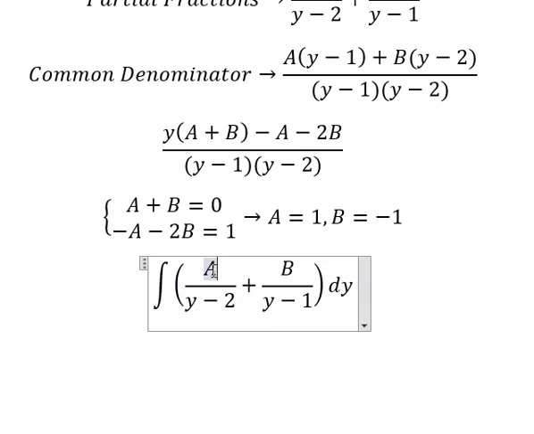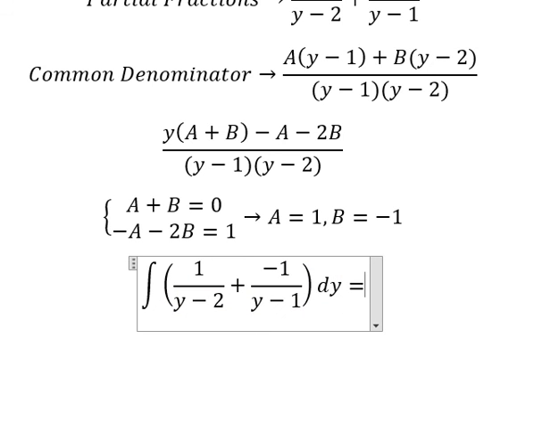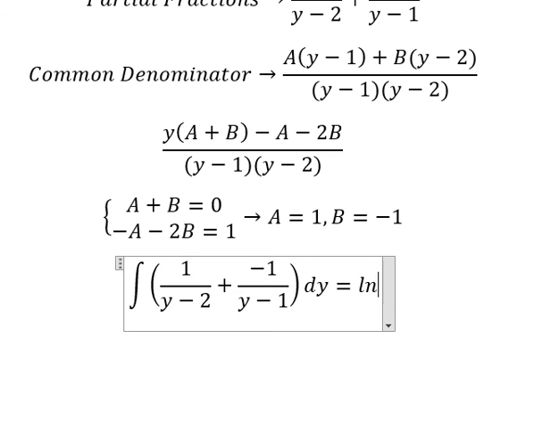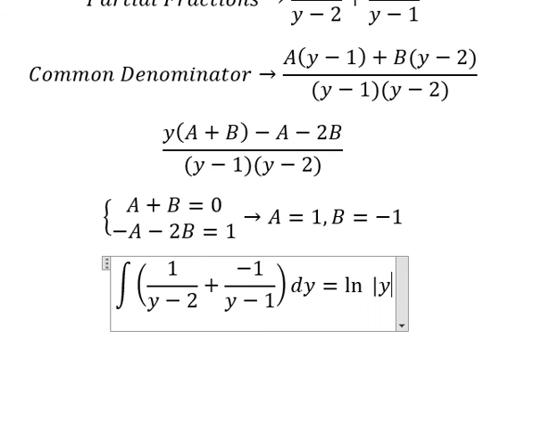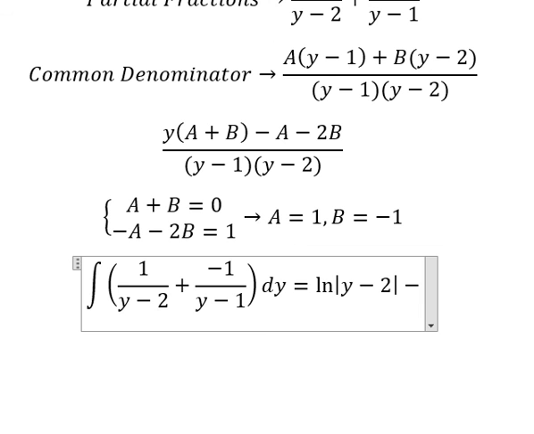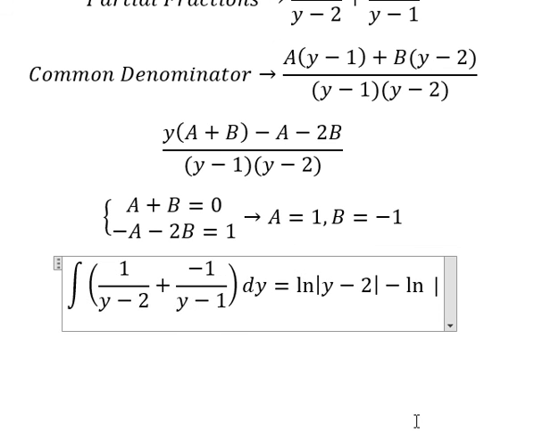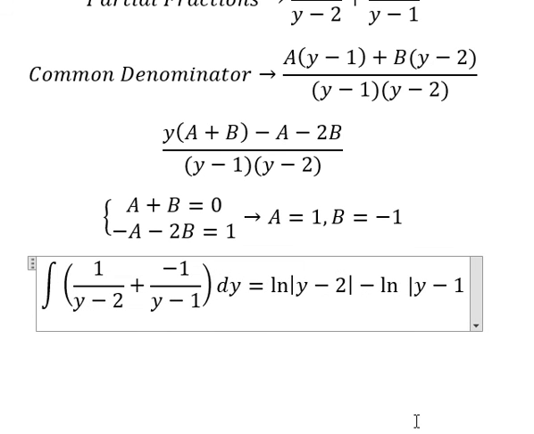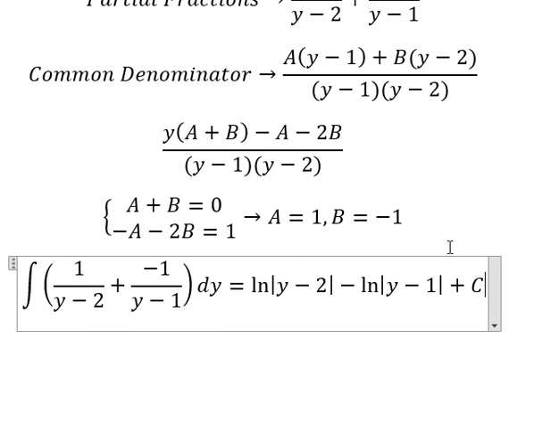The integration of this one, we have ln of the absolute value of y minus 2. The integration of this one, we have negative ln of the absolute value of y minus 1. And I will put C.